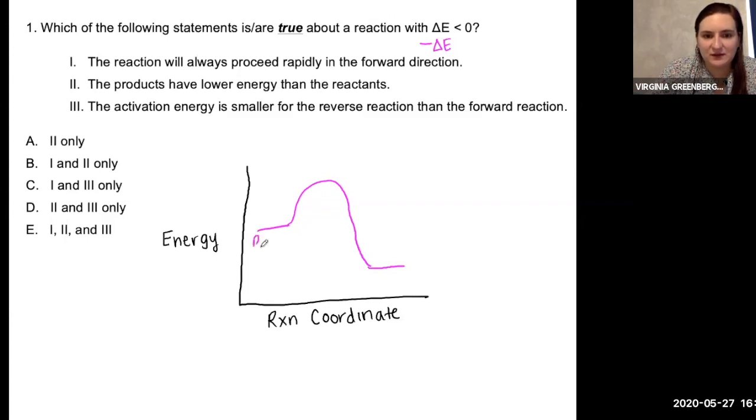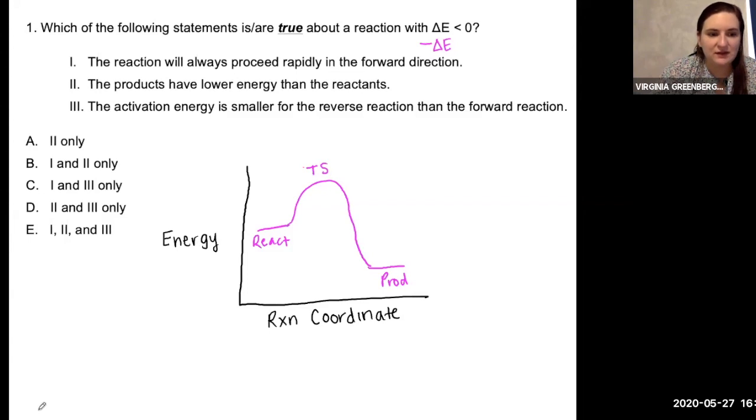where here we have our reactants on the left, our products on the right, and we can see that we have one transition state here at the peak. So here it says the reaction will always proceed rapidly in the forward direction.